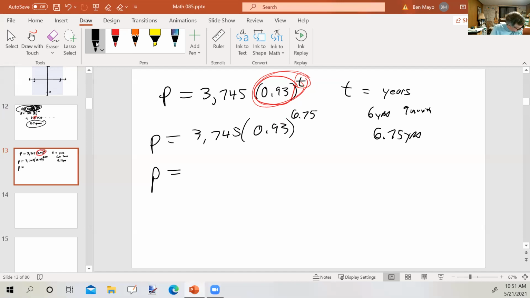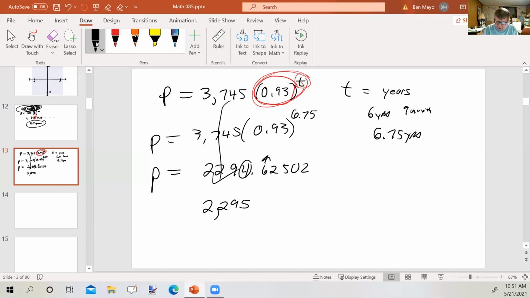And let's see, what did it say to do? It didn't say to round, but they rounded to the nearest whole person. That kind of makes sense. 2294.62502. So the 6 would round up to 2,295 people. Here again, the population is decreasing because the exponential part, the base, is between 0 and 1.